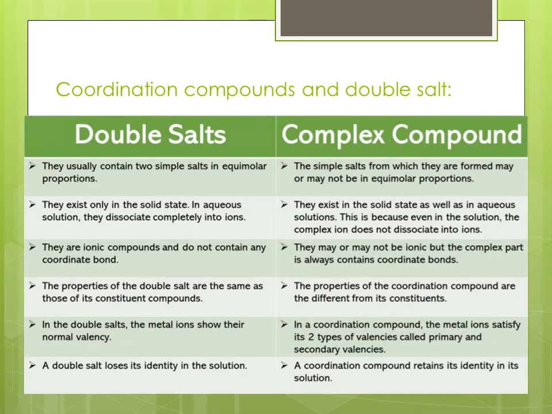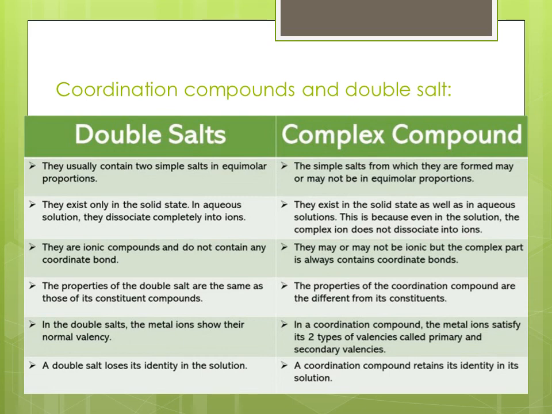So now the difference is, a double salt always exists in the solid state, but when we add water it dissociates into individual ions. Complex compounds exist in the solid state as well as in the aqueous state, because even in solution the complex ion does not dissociate into ions. Double salts are ionic compounds and do not contain any coordinate bond, so here there will be loss and gain of electrons. But a complex compound may or may not be ionic, while the complex part always contains the coordinate bond. Coordinate bond means a bond between the donor and the acceptor.